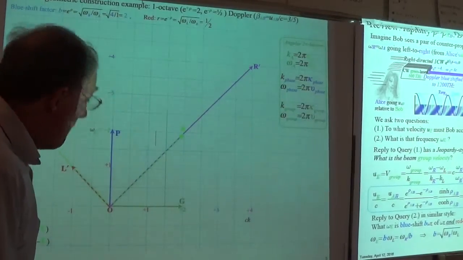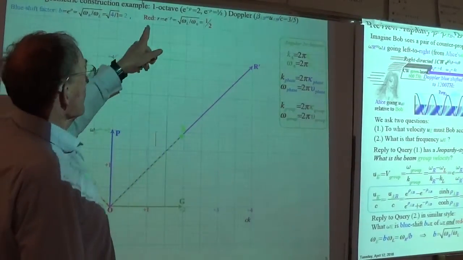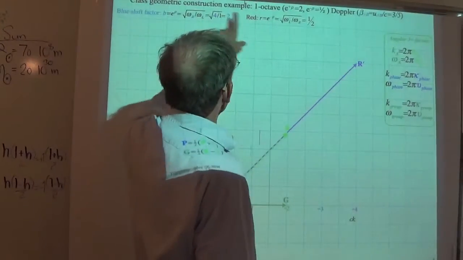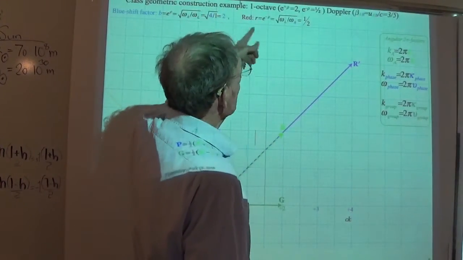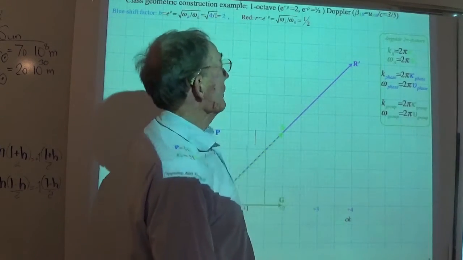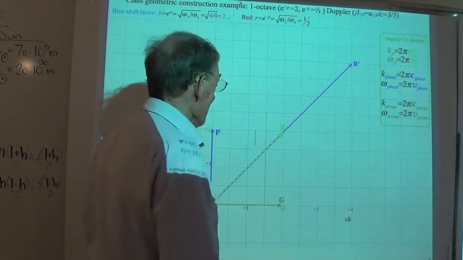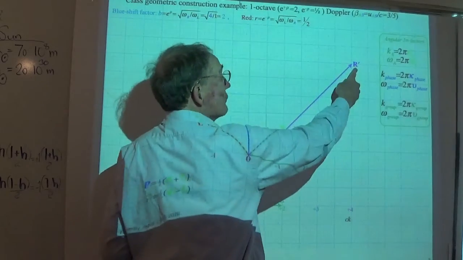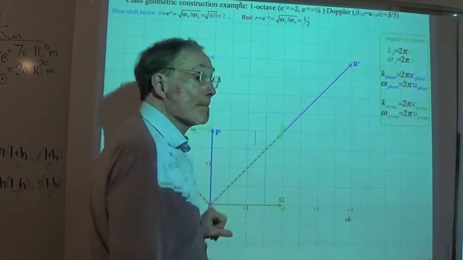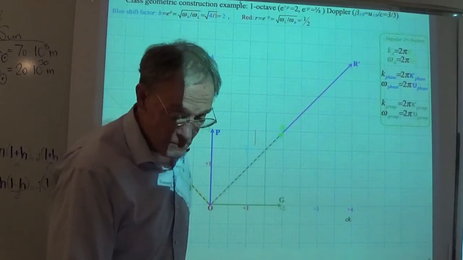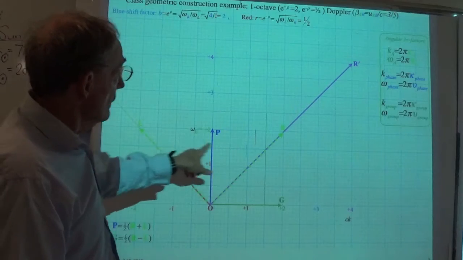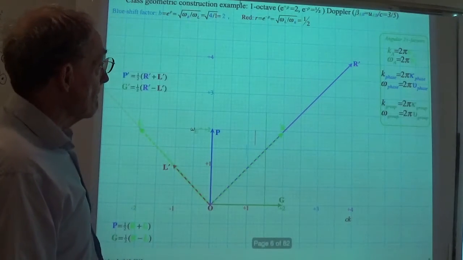Now, this particular red shift and blue shift are given by ratios, but the square root of the ratio, because compared to this frequency, this one is 4 times bigger. And you take the square root of that to get the actual shift relative to the resting frequency.